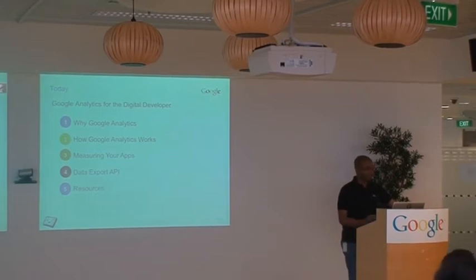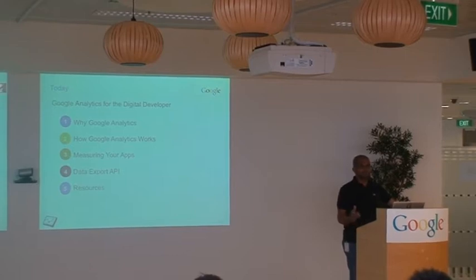So why Google Analytics? Then I'll go on to talk about how Google Analytics works, for those of you who are curious to know how all that information gets into Google Analytics. Then I want to spend some time covering how you would measure your applications using Google Analytics. So whether it's a web application, a mobile application or a desktop application, we can look at the different options there are to get data from there into Google Analytics.